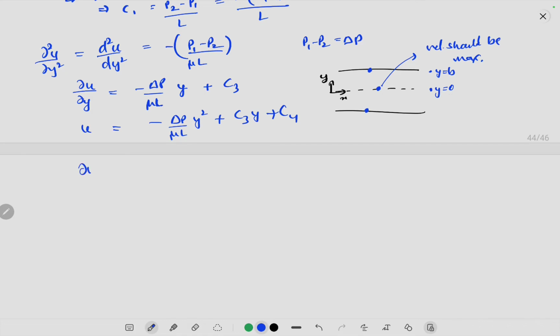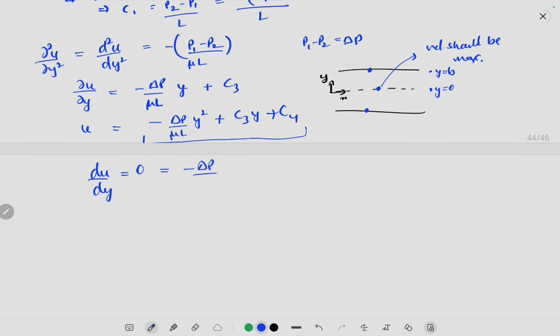So if it is maximum, I'll have del u by del y, and since u is only a function of y, I can write it as a complete derivative, du by dy equal to 0, because this is a condition of a maxima or minima, right? So let's take the derivative of this right term. What will this give me?